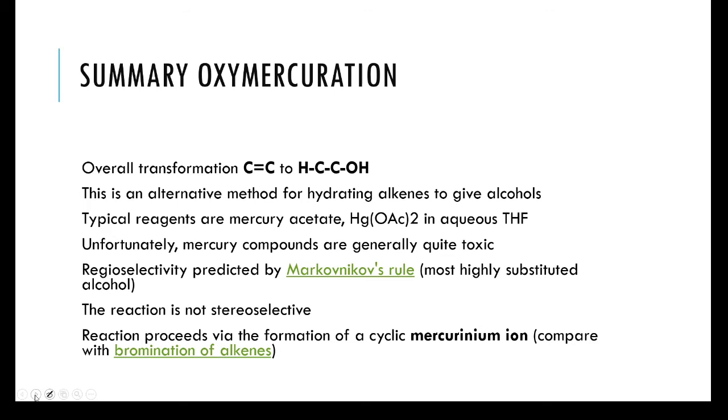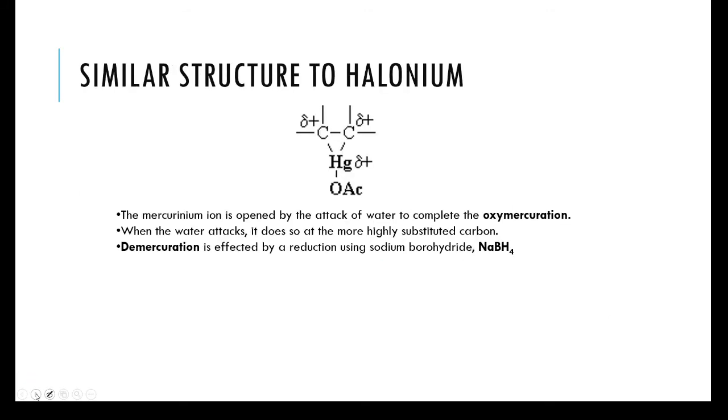We're going to make the most substituted alcohol. We form a cyclic mercury ion during the process. I never did this reaction. I was taking organic 20 years ago, and I never did this reaction in a lab setting.